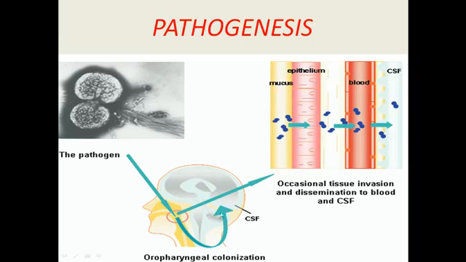A pathogen can enter the CSF in various ways, but here is oropharyngeal colonization of bacteria, and it will enter the CSF circulation. Look: mucus, epithelium, blood and CSF. Here is a pathogen entering the CSF.